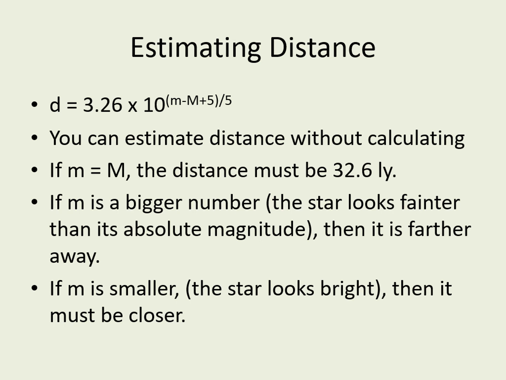That means it must be closer than 32.6 light years away. Lastly, remember that negative values still work like on a number line. So -4 means brighter than -3.